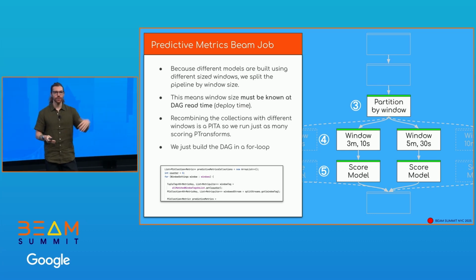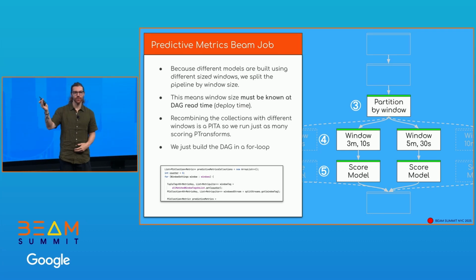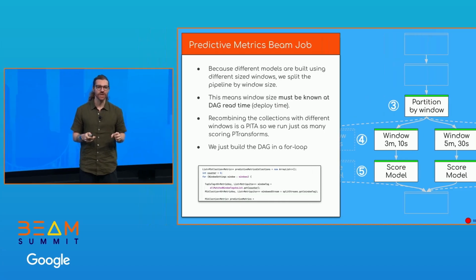You support a 3-minute window with a 10-second slide, a 5-minute window with a 30-second slide, a 10-minute window with a 1-minute slide. And then at the time of building the DAG, we just iterate in a for loop and build the DAG to make sure we have one of those for each particular window. So, not too hard, but definitely something that felt a little unintuitive at first.